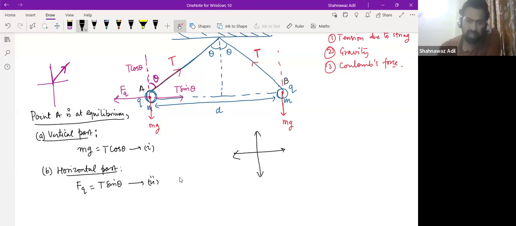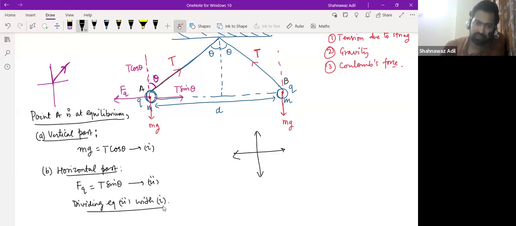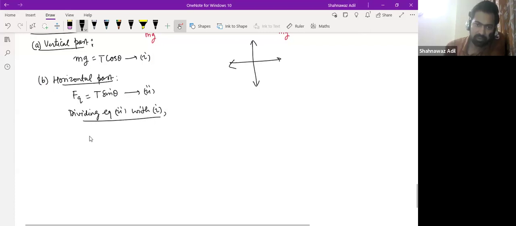Now what we will do is divide the second equation with the first. So what will we get? We will get FQ by mg equal to T sine theta by T cos theta.